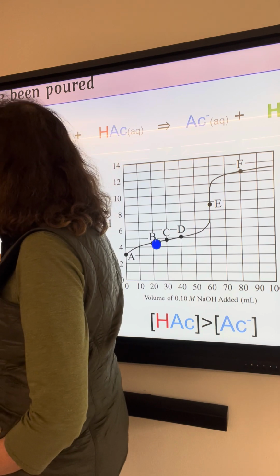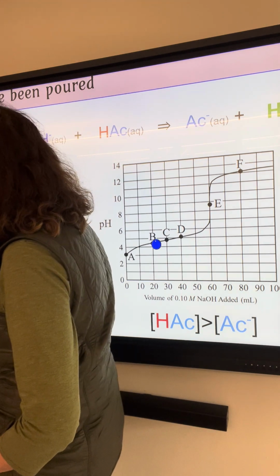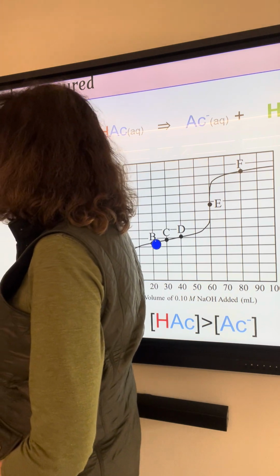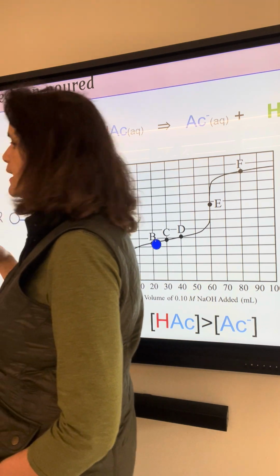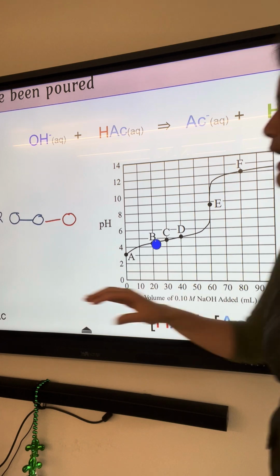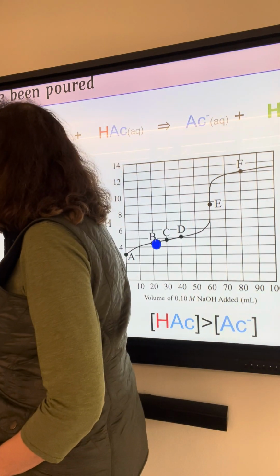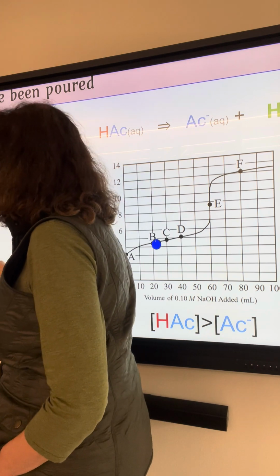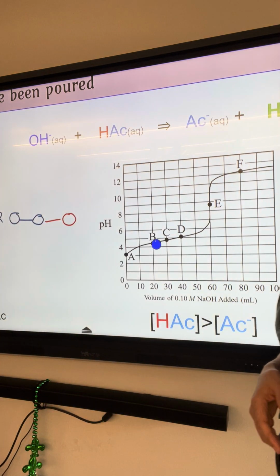Because you drop 2 of those, these are useless, the Na pluses. Those are the conjugate acids of a strong base. You got your drawings? You have 4 HACs, 2 AC minus, the waters, forget them, 2 Na pluses. Is that point B? That is point B, yes.